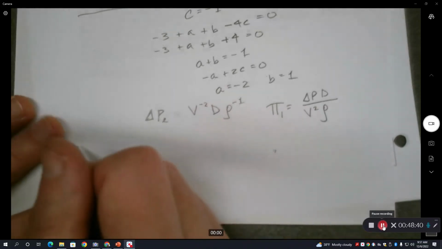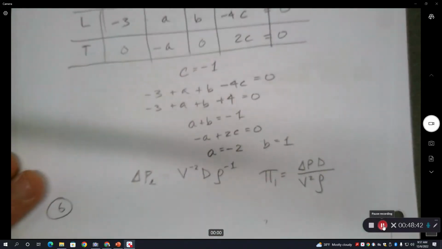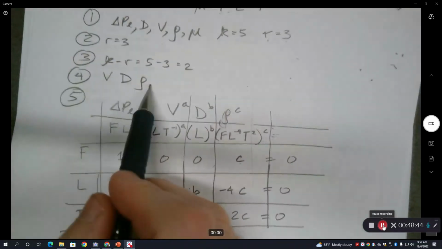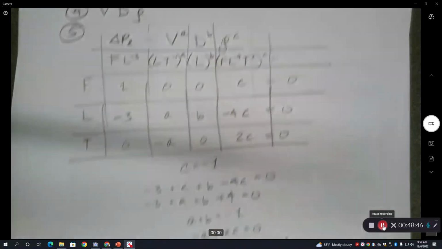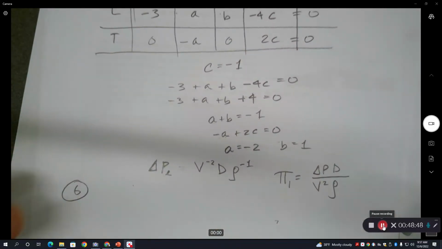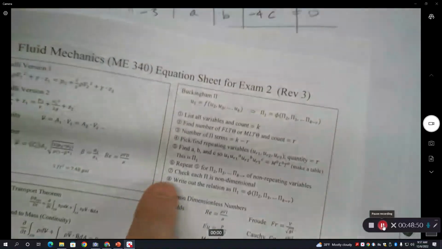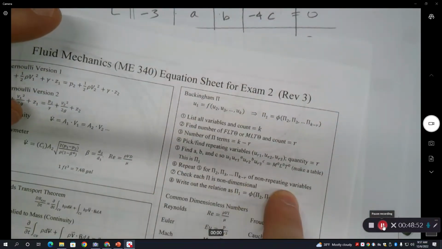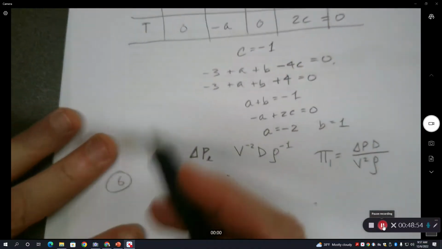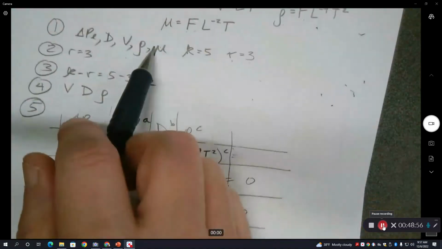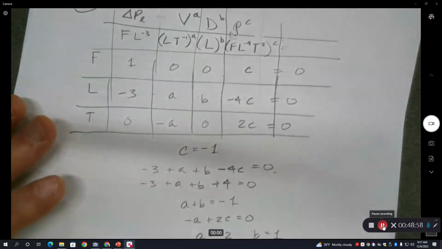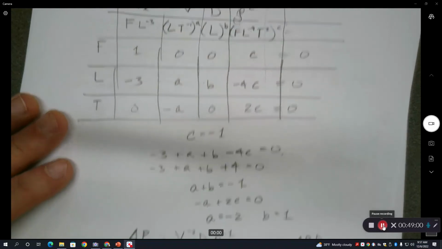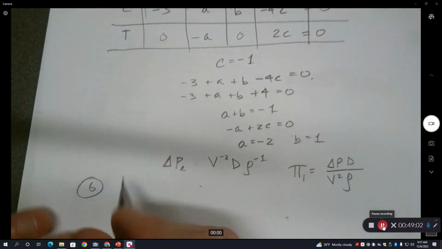And then honestly, because we see the combination, we had these 3 repeating terms. One of the other non-repeating terms, that's what we do for step 6, is the other non-repeating terms. The other non-repeating term is going to be mu, and we know from our experience that Reynolds number is going to fall out there.